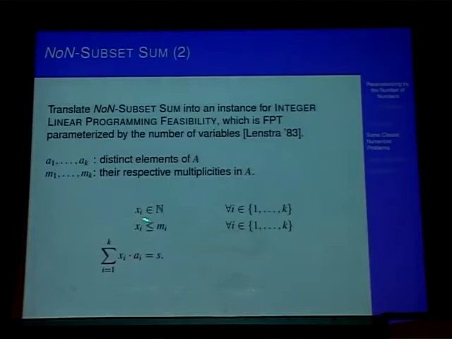Of course, it must be a non-negative integer. Every element can occur at most m_i times because there are m_i of them. And the sum of all elements must be equal to our required integer. The number of variables here is bounded by the number of numbers, and so this problem becomes FPT.